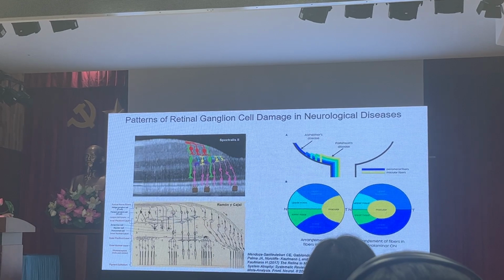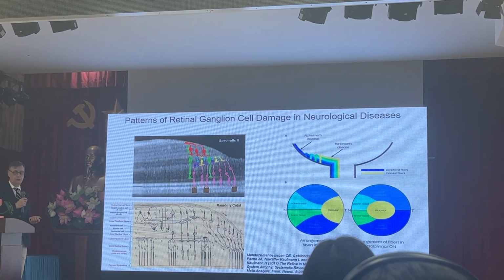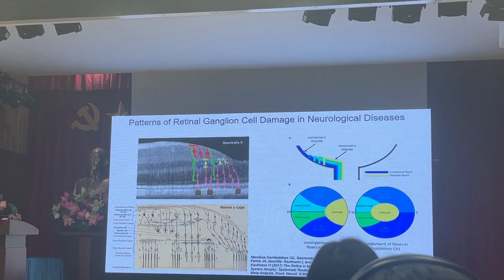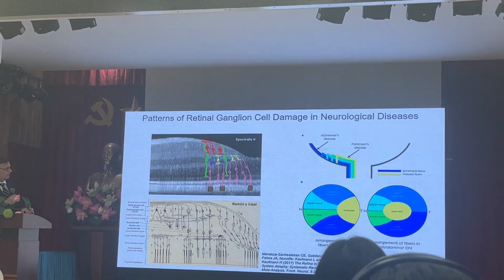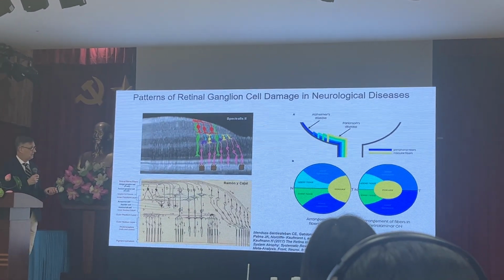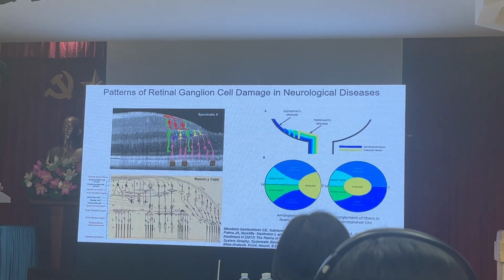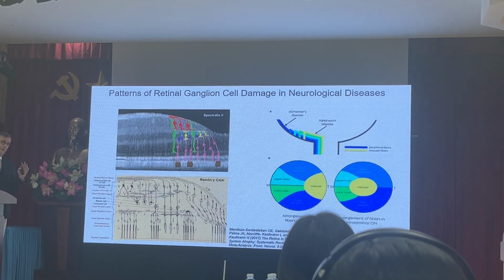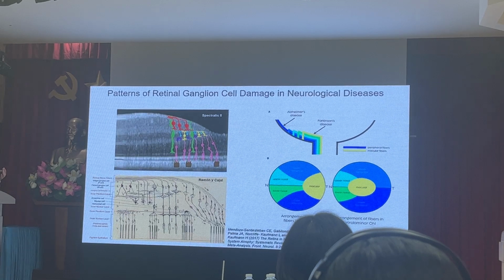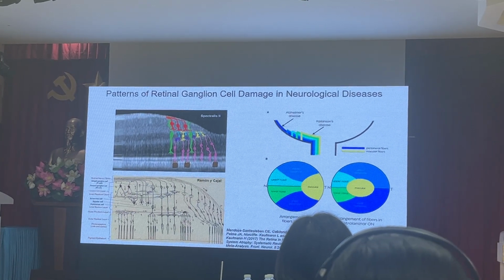And this may have some implication if you look at neuronal diseases. For Parkinson's disease, for example, it is said that more P cells are lost. For Alzheimer's disease, it is said that more M cells are lost in the peripheral macula, and this may sometimes resemble glaucomatous damage.